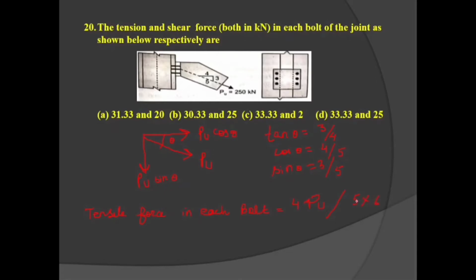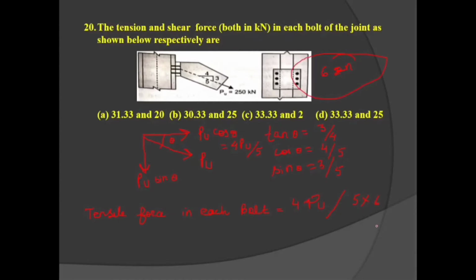From here this value comes, because my dear students, Pu cos theta is equal to 4 Pu divided by 5, and this total force has to be resisted by all 6 rivets. So here we can say n value is equal to 6.